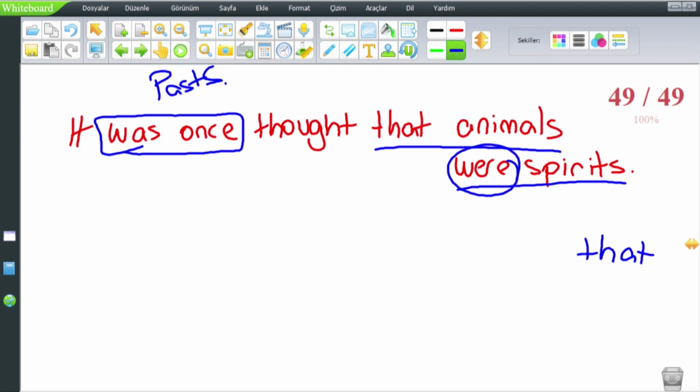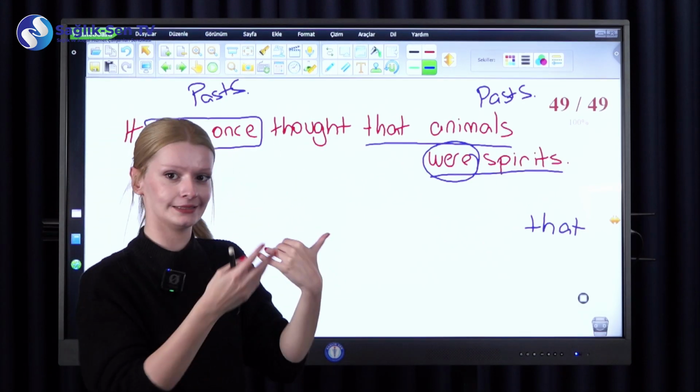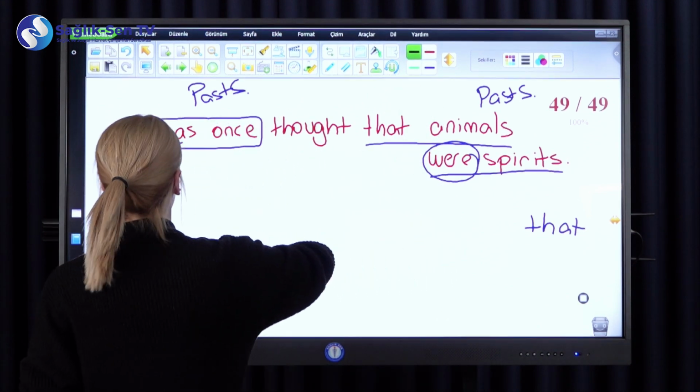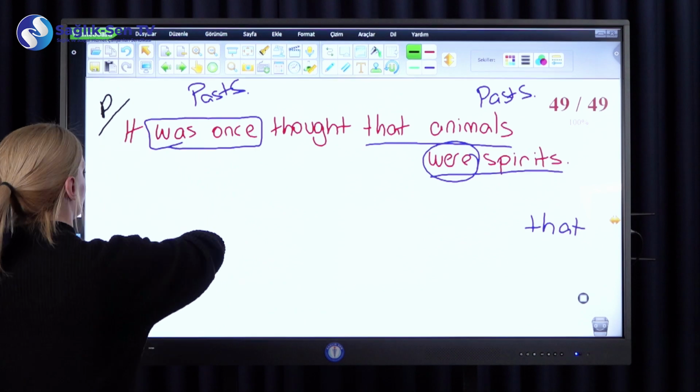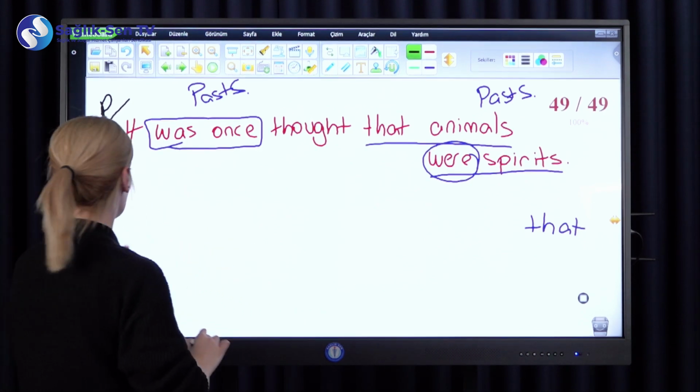That's why I use also past simple tense in that clause, because as I said, there should be a harmony between them. This should be equal as tense to main clause. So this is the passive voice, and I will write it in active.